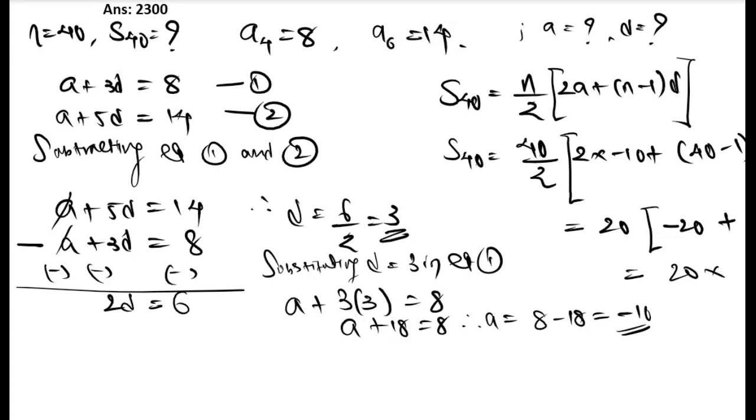Anyways, so this becomes 3 threes are 9. So this will get cut, and so this will be 9, and 8 minus 9.